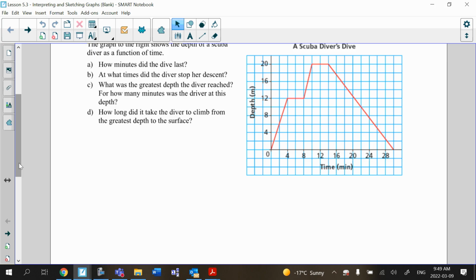So we're going 2, 4, 6, 8, etc. But we don't want to write every single number. That's why we write every second one. So it ends here, and we just have to know the value of this horizontal axis here, which is 30. So it lasted 30 minutes.